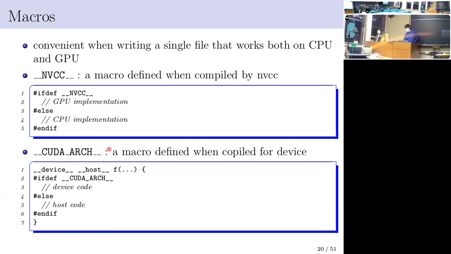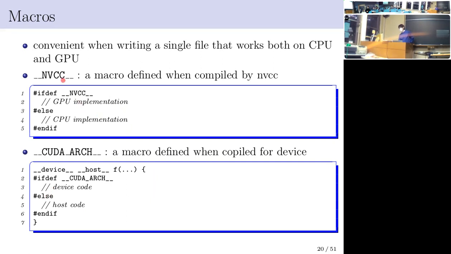The other similar but slightly different macro is CUDA_ARCH. This is a macro defined when some piece of code or function is compiled for the device. This is convenient when you have a function with both device and host keywords, saying you want this function to be compiled both for GPU and CPU, but with different implementations depending on whether it runs on the GPU or CPU.